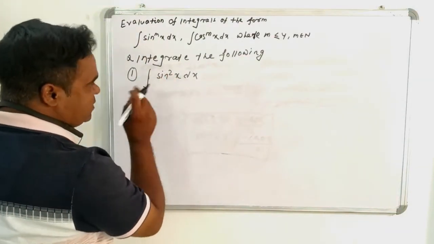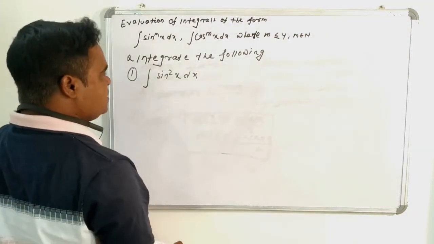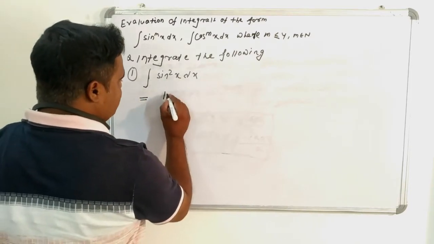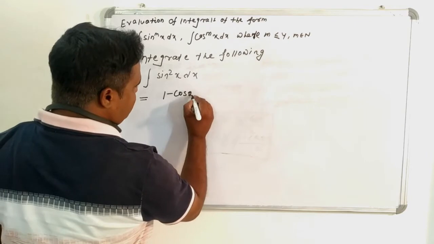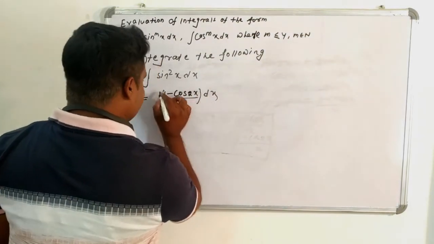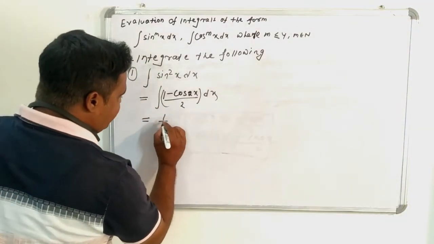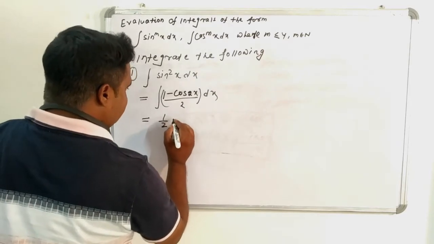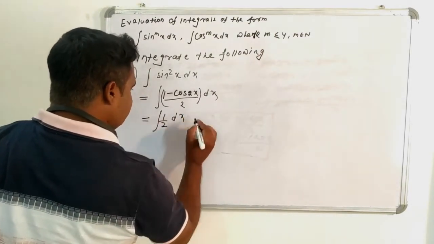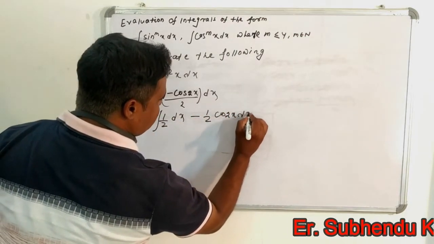Firstly this is converted to squared form using the formula discussed previously: sine square x is 1 minus cos 2x divided by 2. So this equals 1 divided by 2 of dx as the first factor, minus 1 divided by 2 cos 2x dx as the second factor.